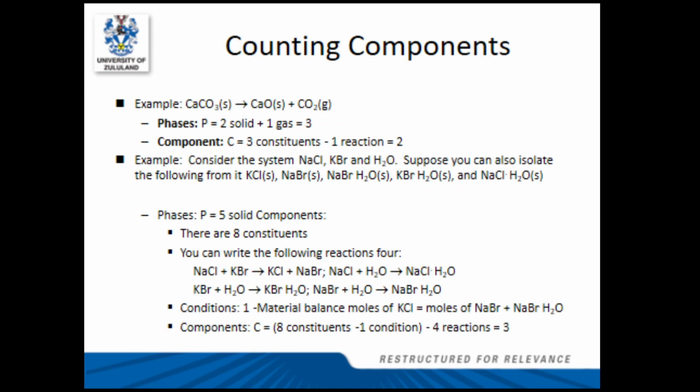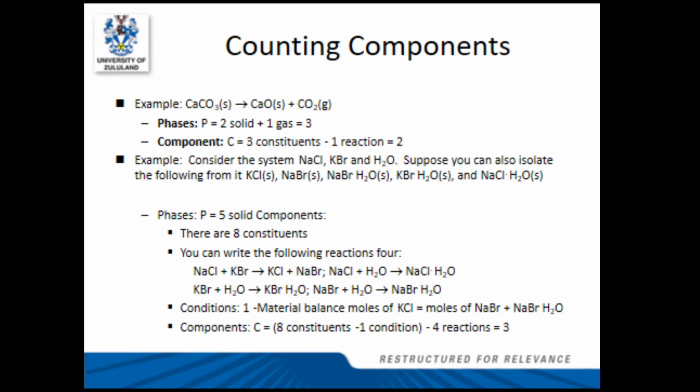Let's look at the following example. In example number 1, we have calcium carbonate, in the solid form, as the reactant. The product in that case is calcium oxide plus carbon dioxide.